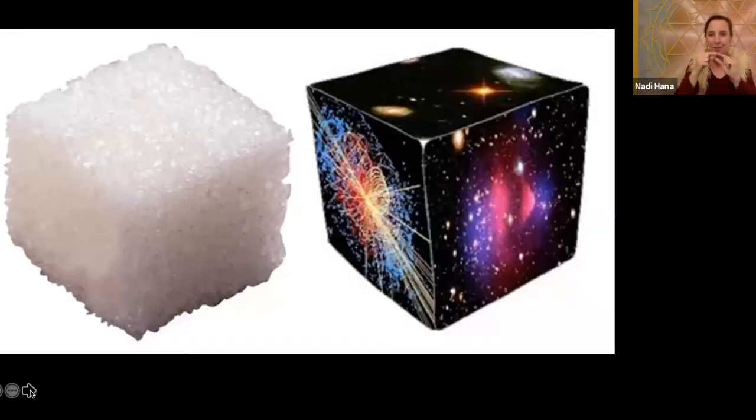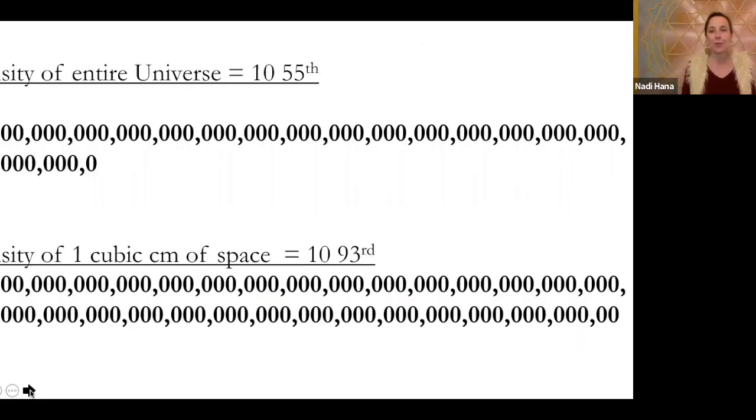A cubic centimeter of space, you would have more energy in that concentrated cubic centimeter than you did in the entire universe, right? So basically meaning that there is more energy in a single cubic centimeter of space than there is in our entire universe. And so literally what that looks like is that the density of the entire universe is 10 to the 55th, whereas the density of a cubic centimeter of space is 10 to the 93rd.